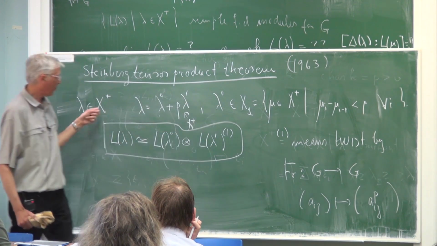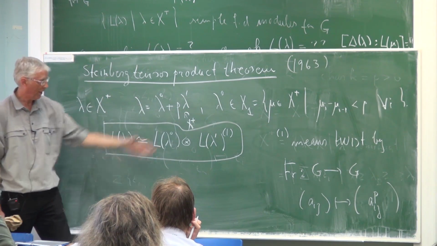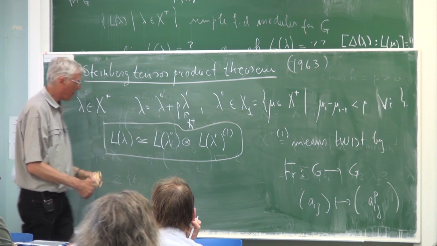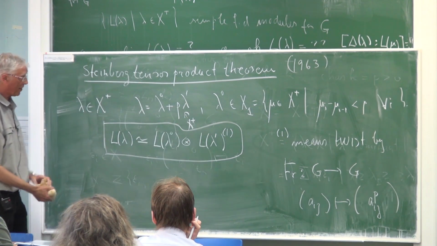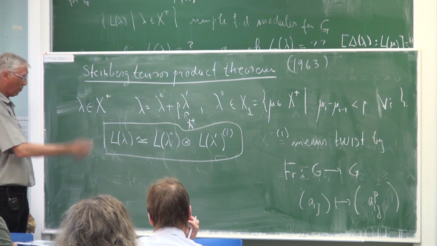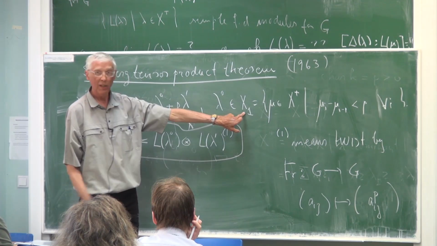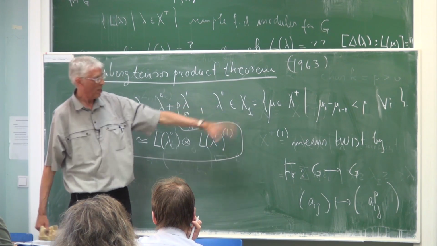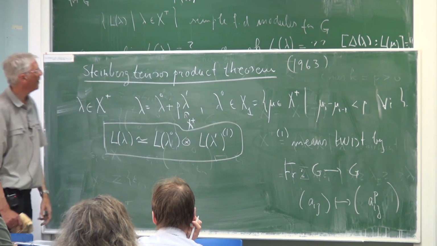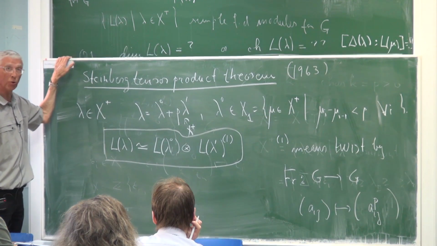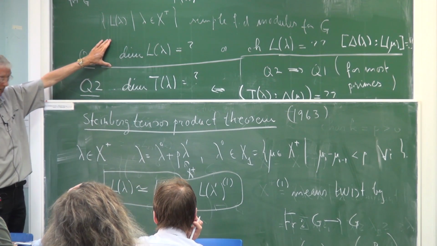If not, I just take lambda 1 and write it in this form and use the same formula again. So in the end, I'll get L lambda as maybe a very long, but still finite tensor product of modules, all of which come from highest weights inside this set. So if I can solve question 1 for this set, then I have a complete solution. So this will make this problem finite.